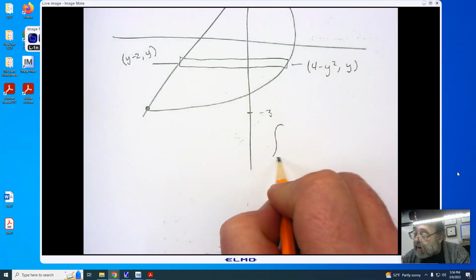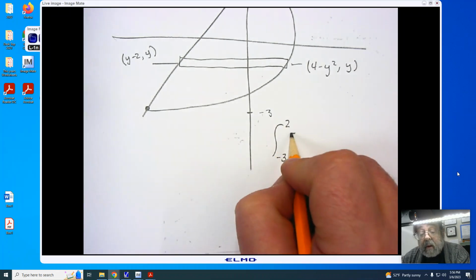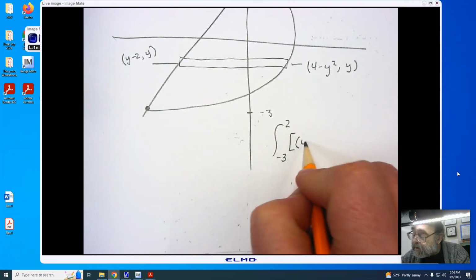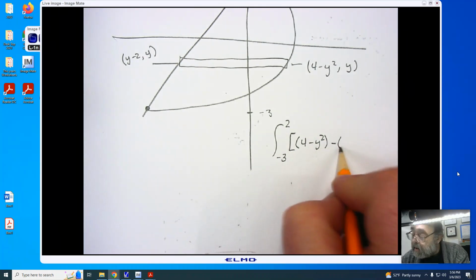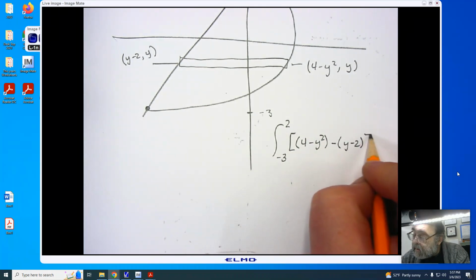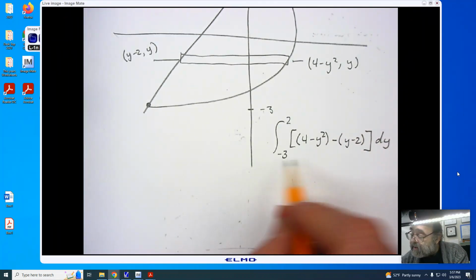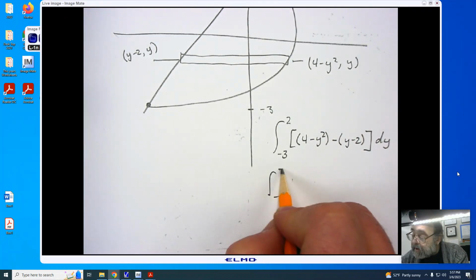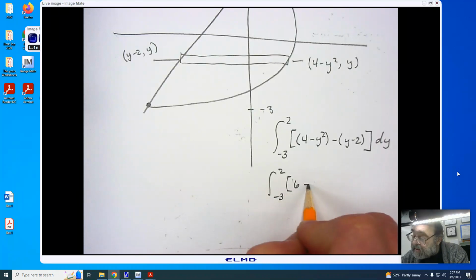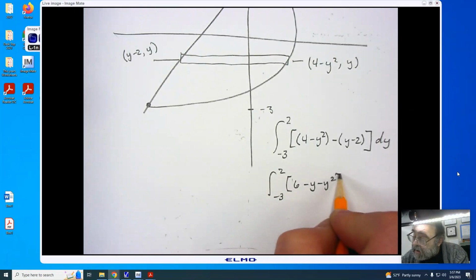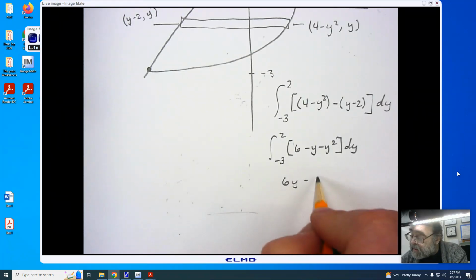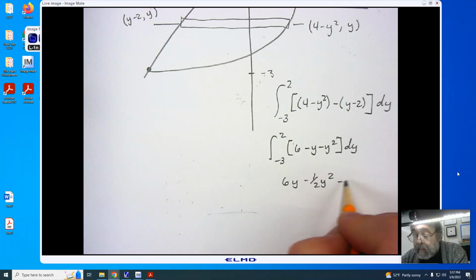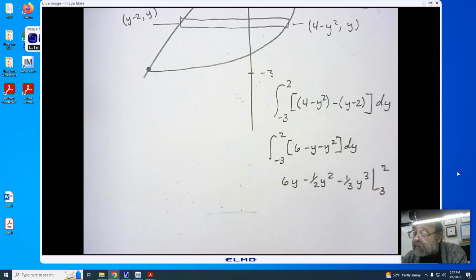So we're looking at the integration from -3 to 2, and we're doing our right minus left, which is 4 minus y squared, and we are then subtracting y minus 2 dy. When we simplify this, we have -3 to 2, and we're looking at 6 minus y minus y squared dy, which we can immediately get as 6y minus 1/2 y squared minus 1/3 y cubed from -3 to 2.